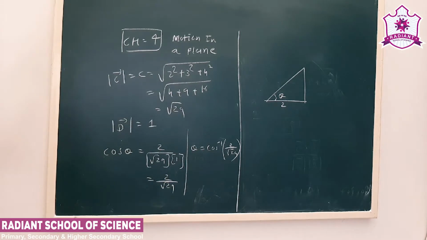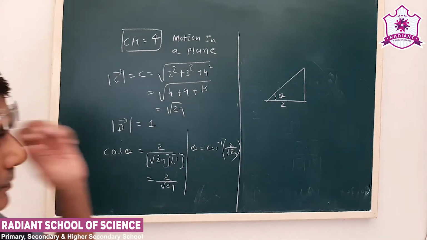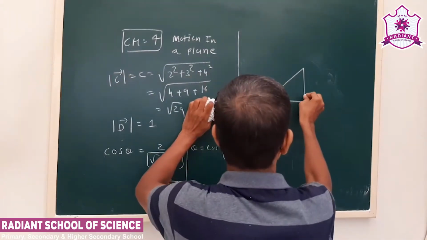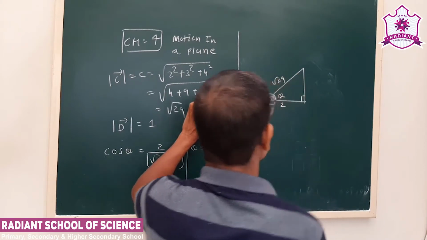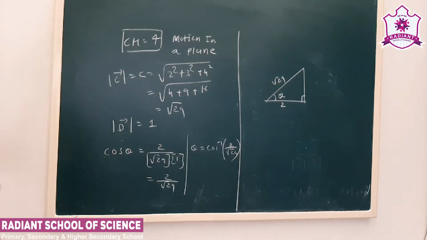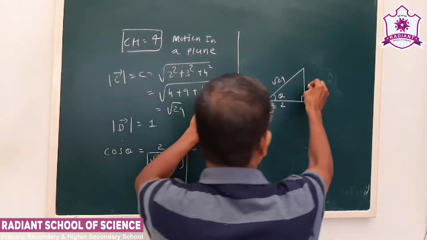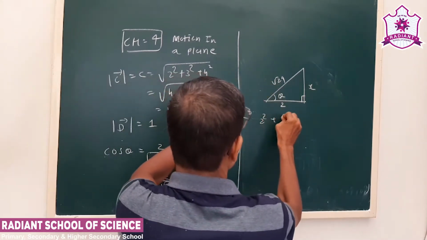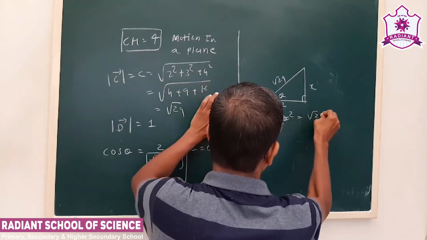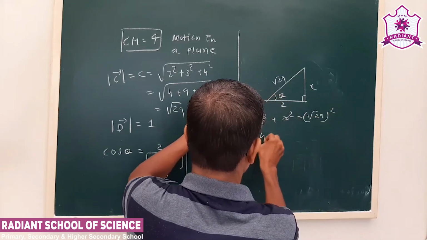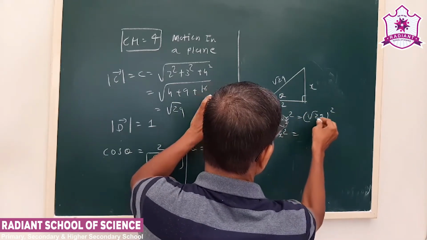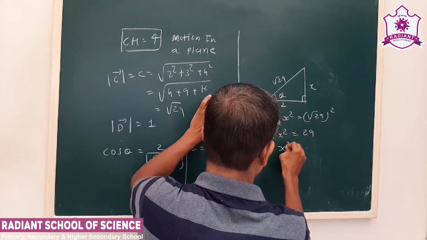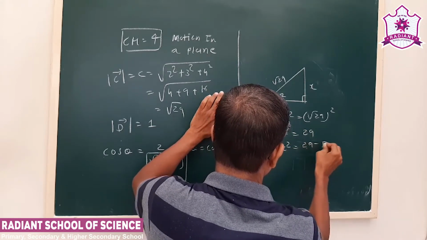Our trigonometric cos theta is adjacent upon hypotenuse, so the hypotenuse will be root 29. Suppose it is to be given in the form of sine. Let the third side be x. So 2 square plus x square will be root 29 whole square. 4 plus x square will be 29. X square will be 29 minus 4, that is 25.